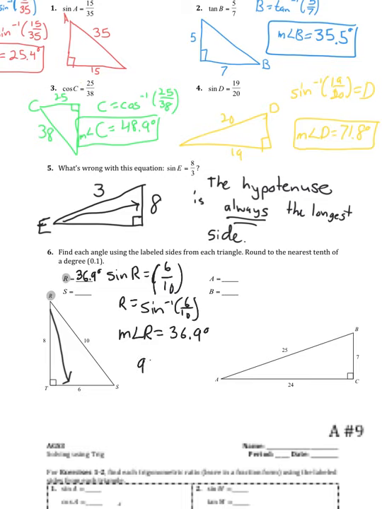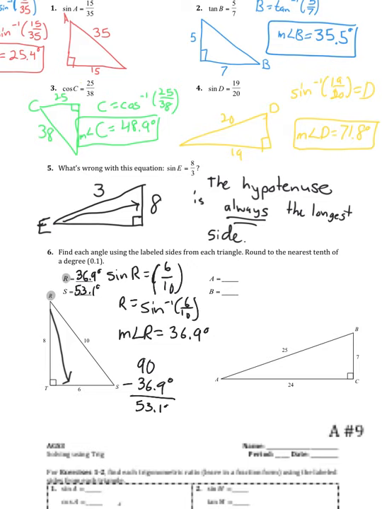Now I would say 90 minus 36.9 equals 53.1 degrees. That's how I'm going to find the other angle. And I did that kind of fast. But what we know about triangles, the sum of all the angles always adds up to 180 degrees.